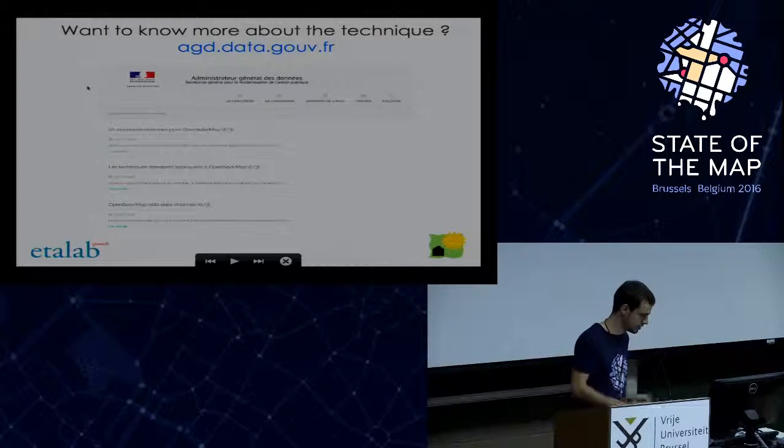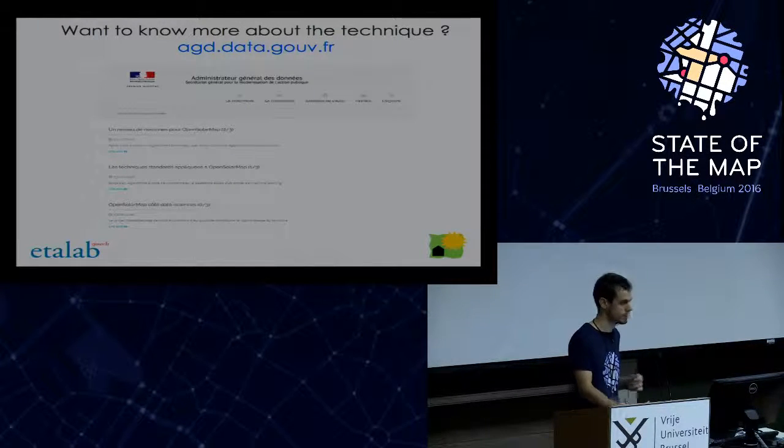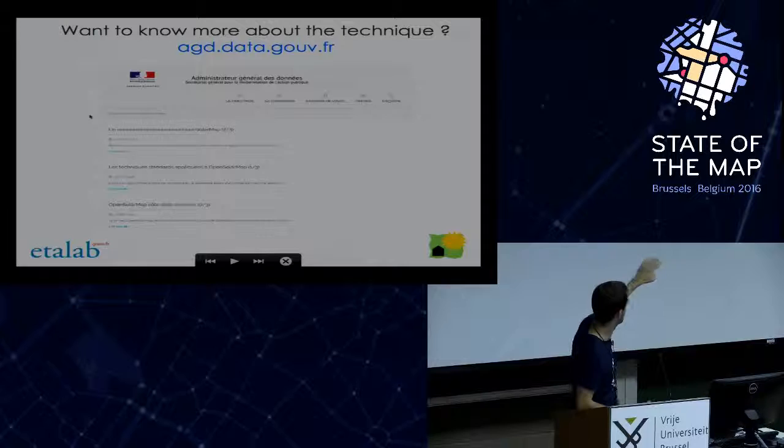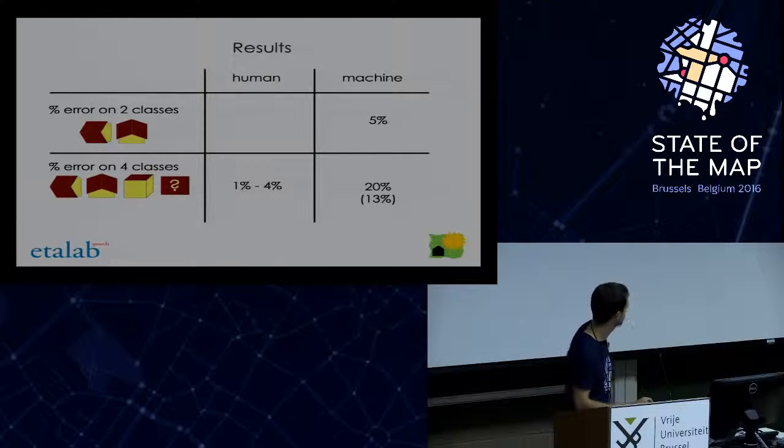So what's the quality of the prediction? Our human baseline makes between 1 and 4% of errors, depending on the mood, on 4 classes.